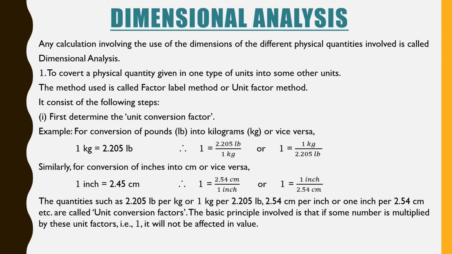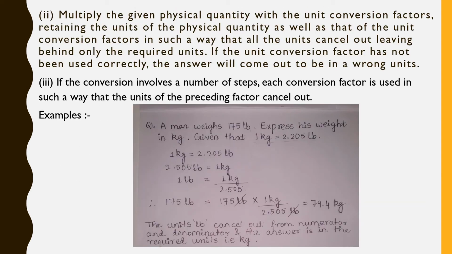The basic principle involved is that if some number is multiplied by these unit factors, that is 1, it will not be affected in value. The second step is multiplying the given physical quantity with the unit conversion factors, retaining the units of the physical quantity as well as those of the unit conversion factors in such a way that all the units cancel out, leaving behind only the required units.